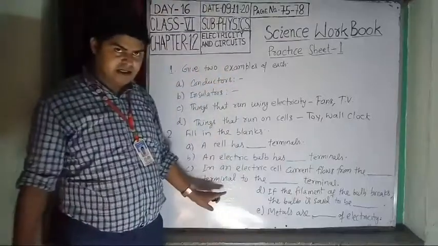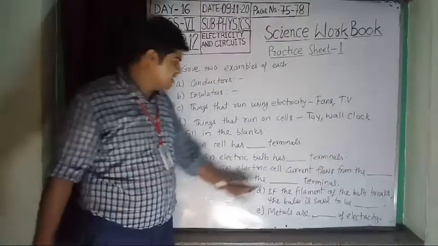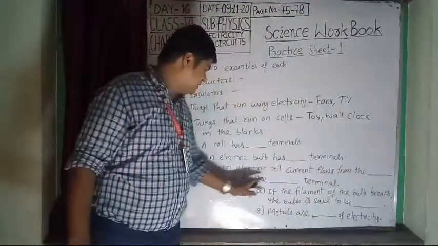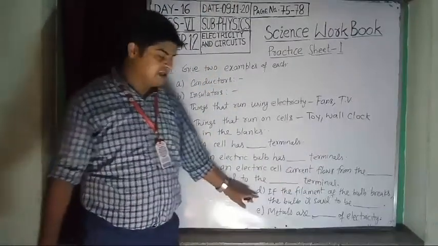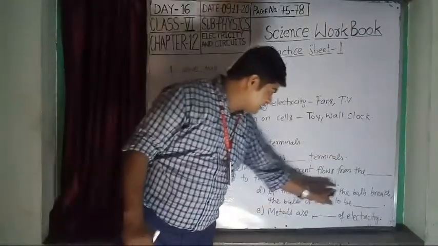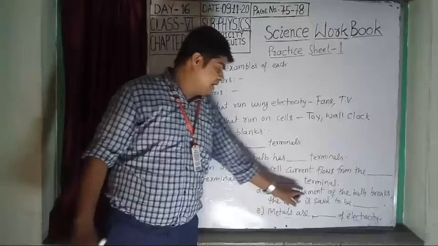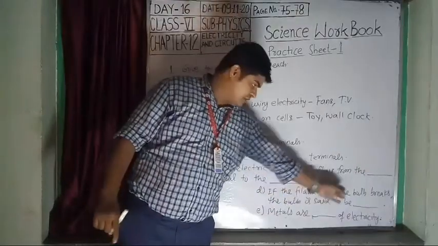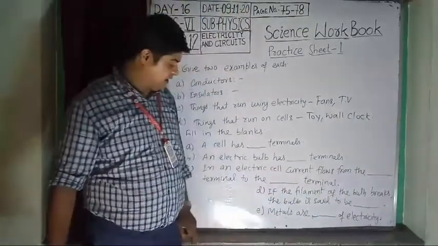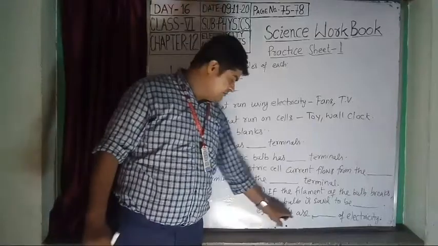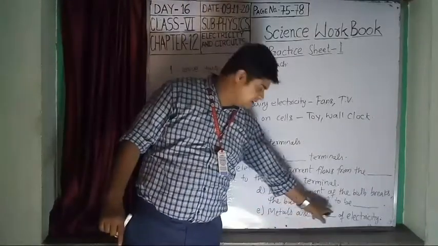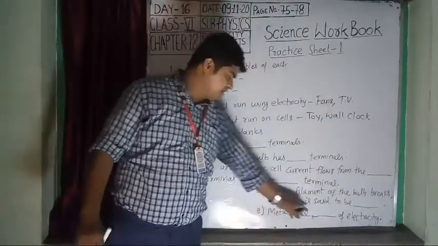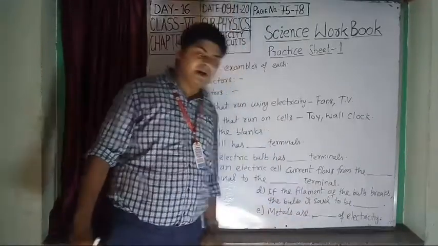I have already done this question in your science book. D, if the filament of the bulb breaks, then the bulb is said to be a fused bulb, so you will write fused bulb. E, metals are conductors of electricity, so you will fill in conductors of electricity.